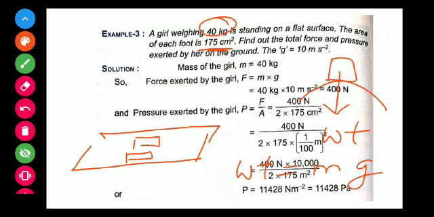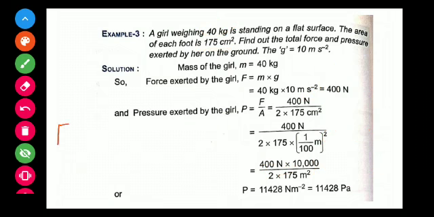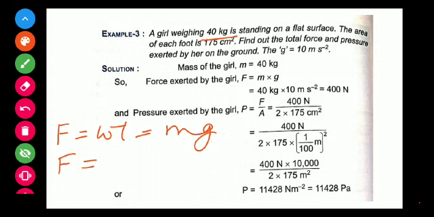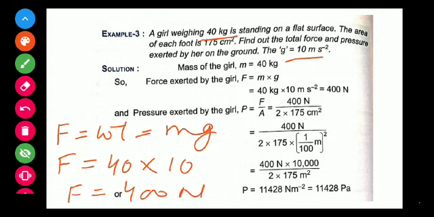In this case, force is equal to weight of the girl, and weight is m into g. Mass is 40 kg. Value of g is 10 meter per second square. Therefore, force is equal to 400 Newton. This is your force.